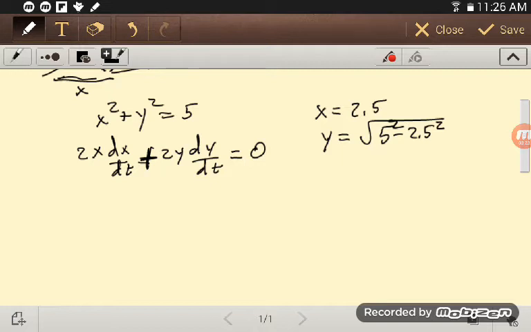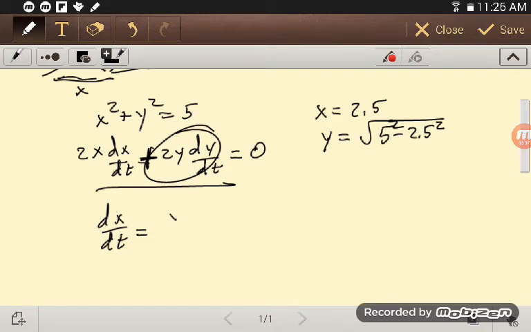And we want to solve this whole thing for dx/dt. So dx/dt is equal to, I take this term to the other side, which makes it negative, divide by 2x, so the 2's go away, and I get negative y over x times dy/dt.